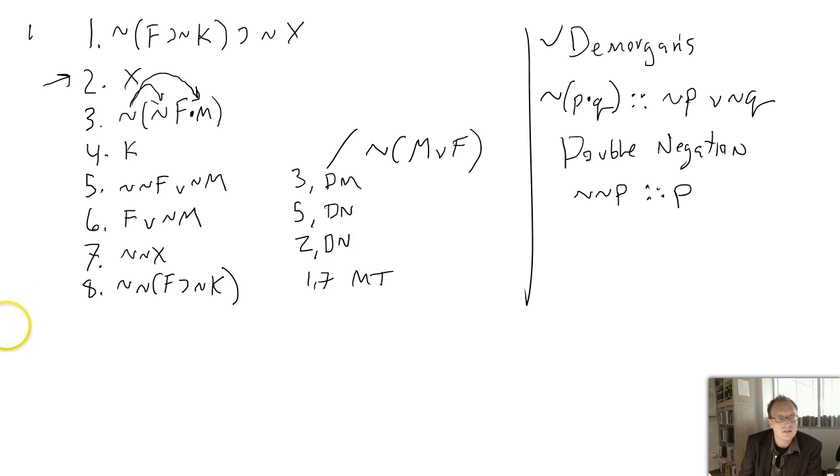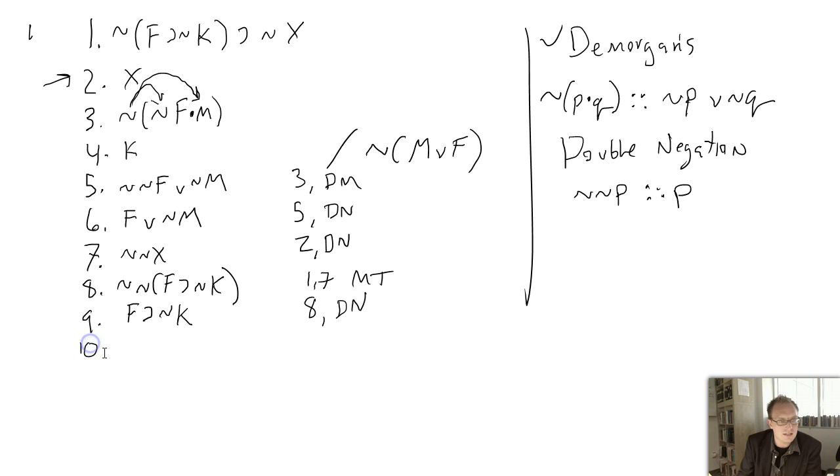Modus tollens. Okay. Now, as soon as I see the negation here, I might as well get rid of that and do another double negation. I think this exercise has a lot to do with double negation. So I'm going to end up with F, therefore not K. And again, I'm just using line 8, double negation. I'm just getting rid of this and getting the P here.